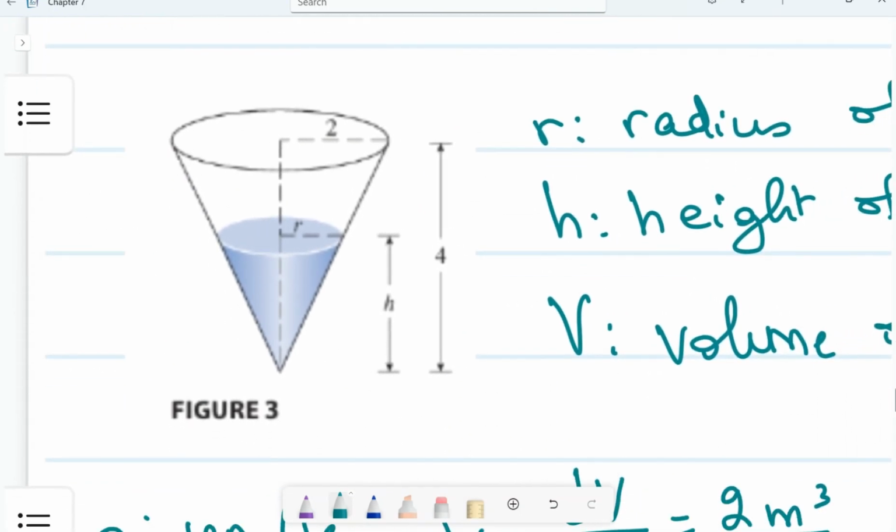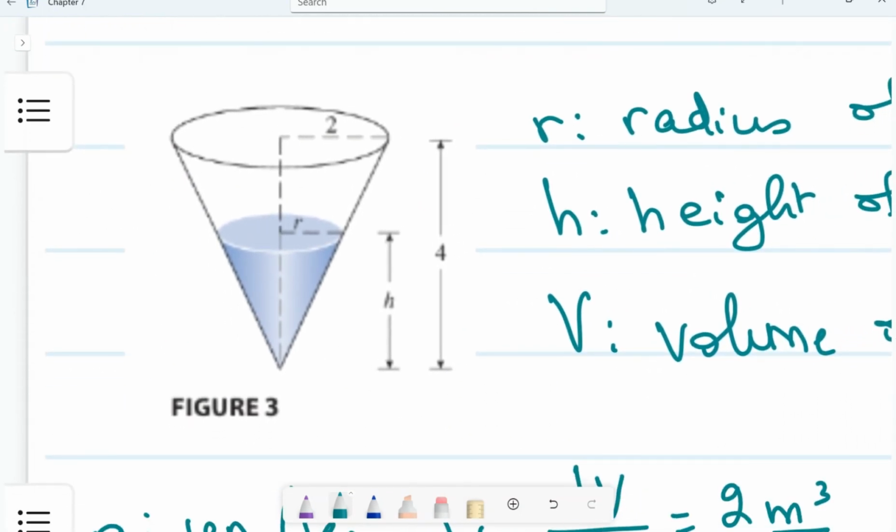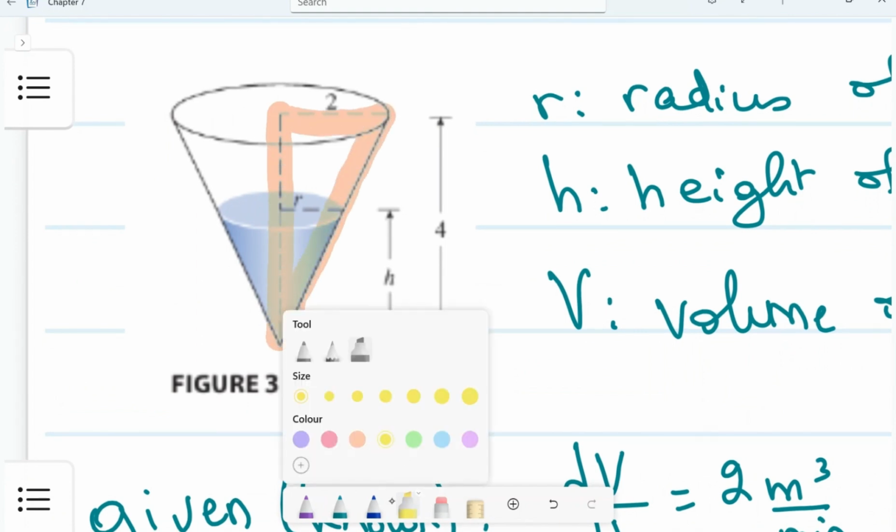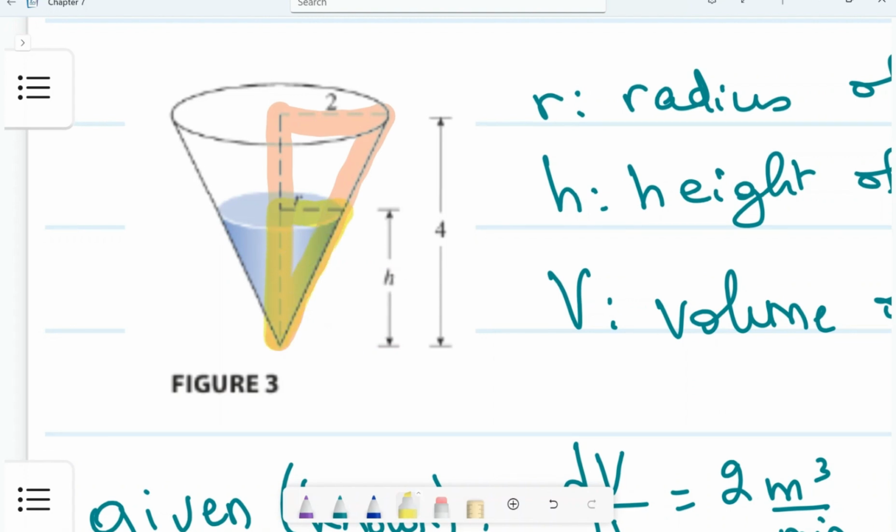This is why we have a figure, because figures always help in such cases. You might notice in this figure that we actually have similar triangles. We have this big triangle and this smaller triangle are similar.